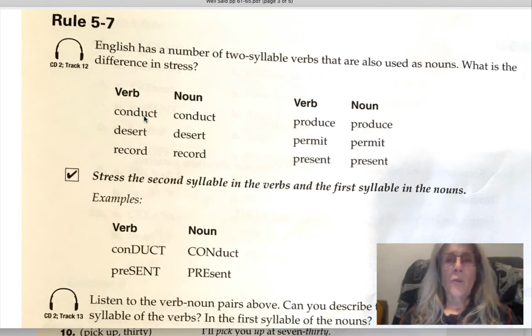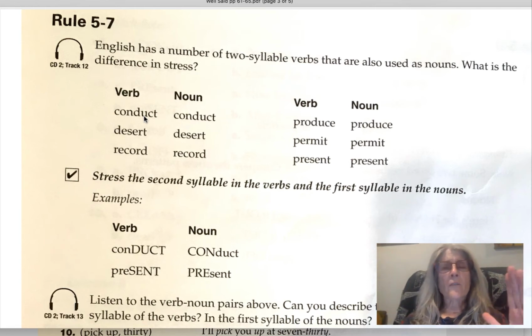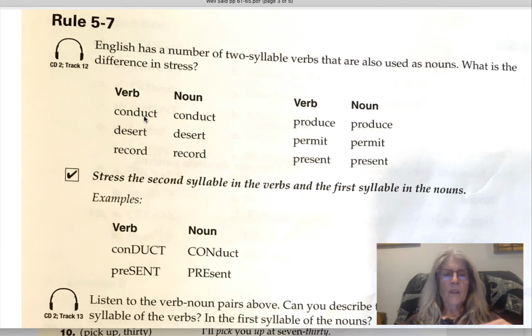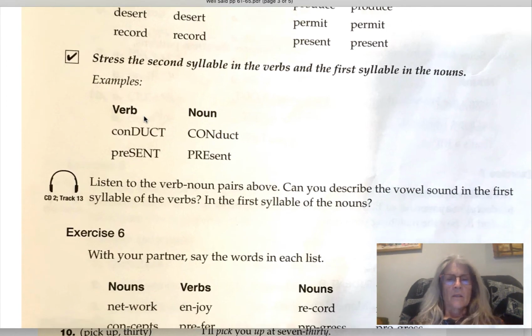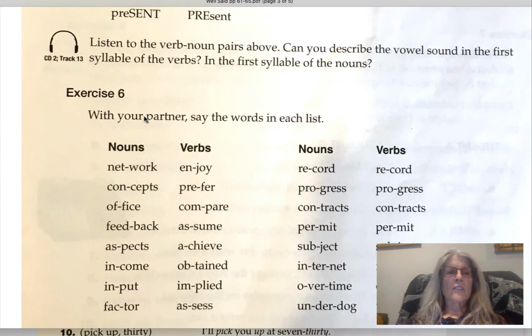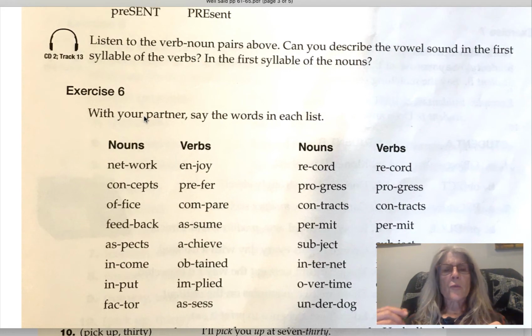Okay, so if you're going to say the noun form of the same word, then you're going to put the stress on the first syllable. And if you're going to say the verb form of that word, you're going to put the stress on the second syllable. Okay. And then please listen to CD2 track 13 and you'll really get the idea of how the nouns and the verbs sound differently. All right.